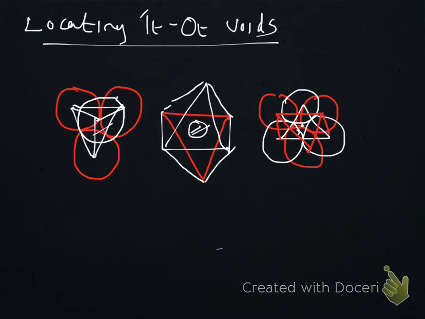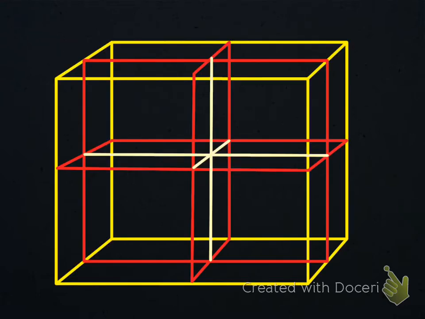Now we have to see in a cubic system how they can be located. Consider an FCC arrangement of particles.